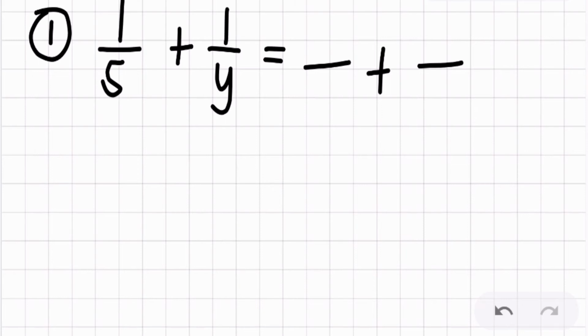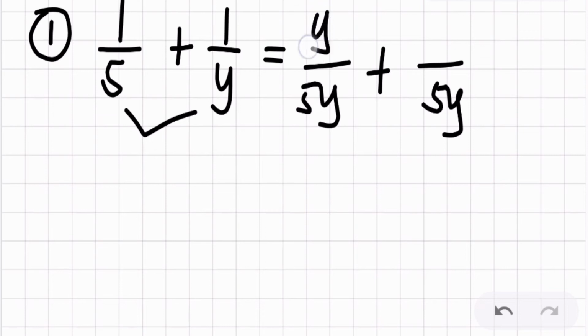If you do not see any common factor between your denominators, just simply proceed to getting their product. So we will have 5y and 5y here. Let us now do the next steps. 5y divided by 5 is y, times 1, that is still y. 5y divided by y, the y will be cancelled out, so we will be left with 5, and 5 times 1 is 5.